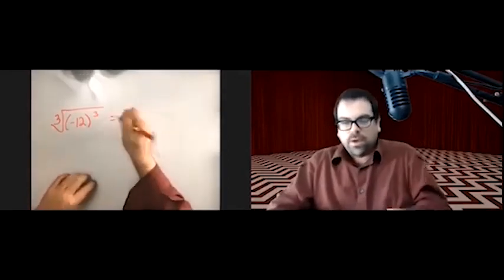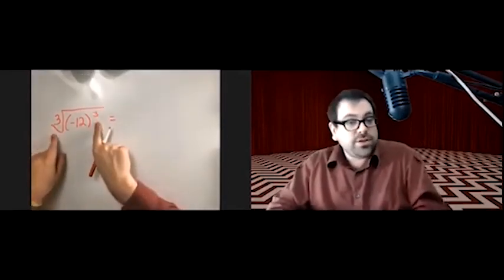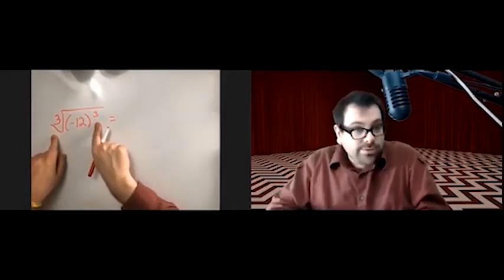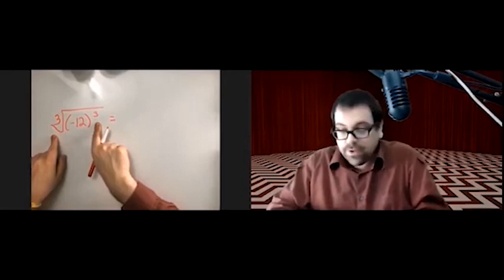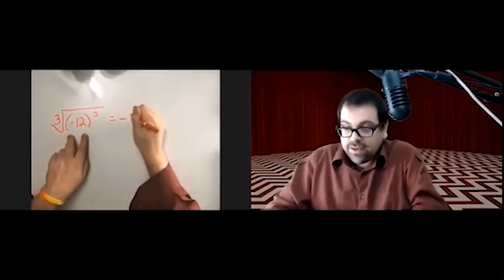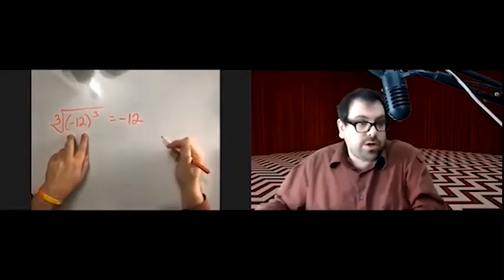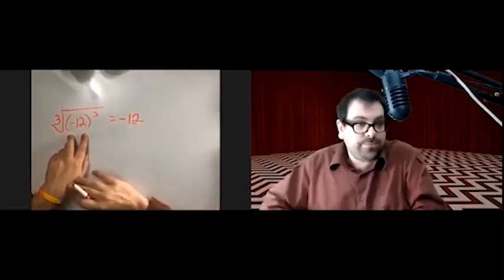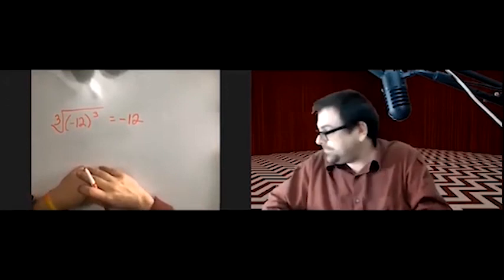Well, a cube root and a cube cancel each other out. Since it's an odd root, an odd exponent, we're just left with exactly what's underneath.